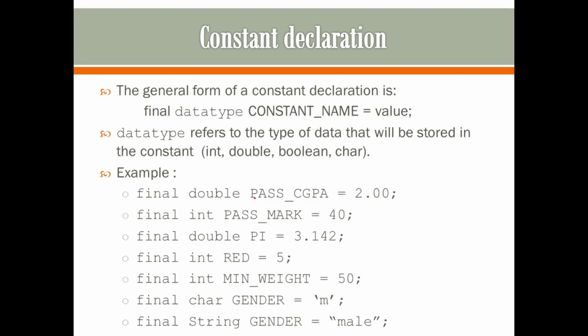Maybe the pass GPA is 2.0, so the whole program uses the pass GPA of 2.0 as a constant value. So we put final, and 2.0 is data type double. All constant names use all capital letters.